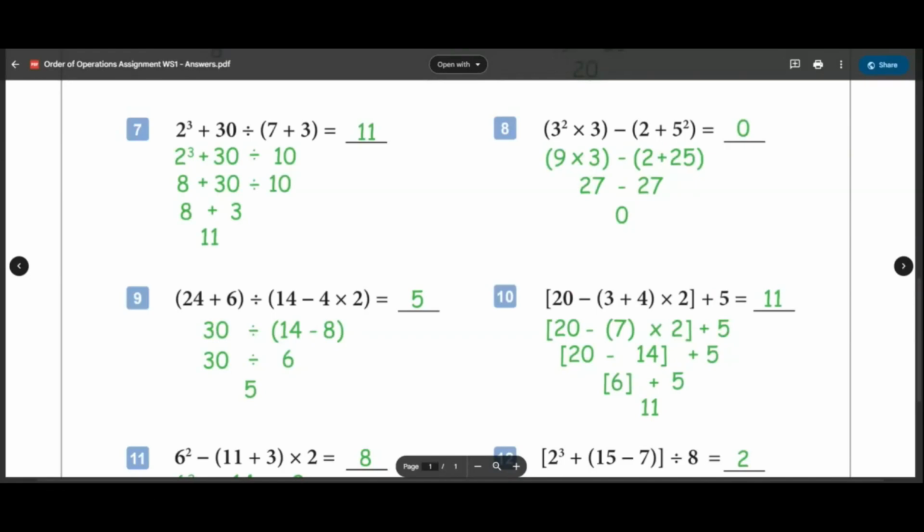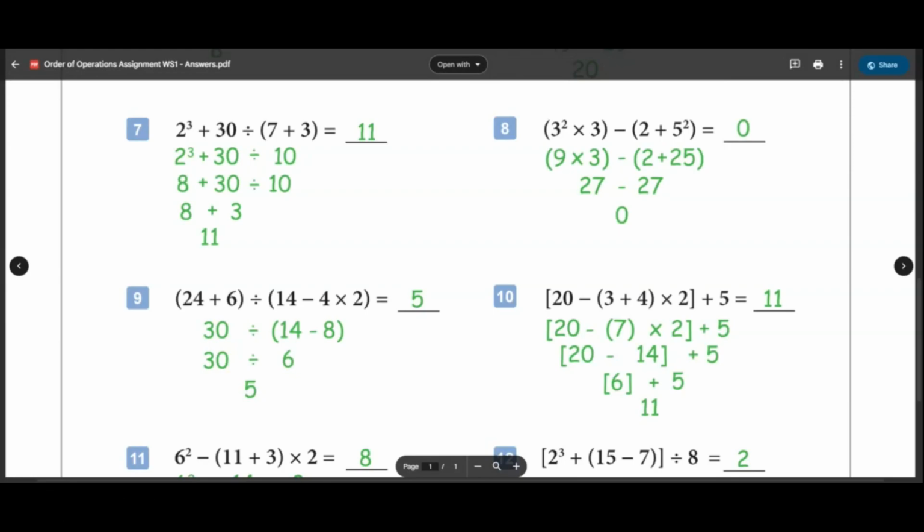Then we start over again. Any parentheses? No. Any exponents? Yes. 2 cubed means 2 times 2 times 2. 2 times 2 is 4, times 2 is 8. A lot of people get confused and say 2 to the third is 6. It's not 6. It's 8. 2 times 2 times 2. Plus 30 divided by 10.